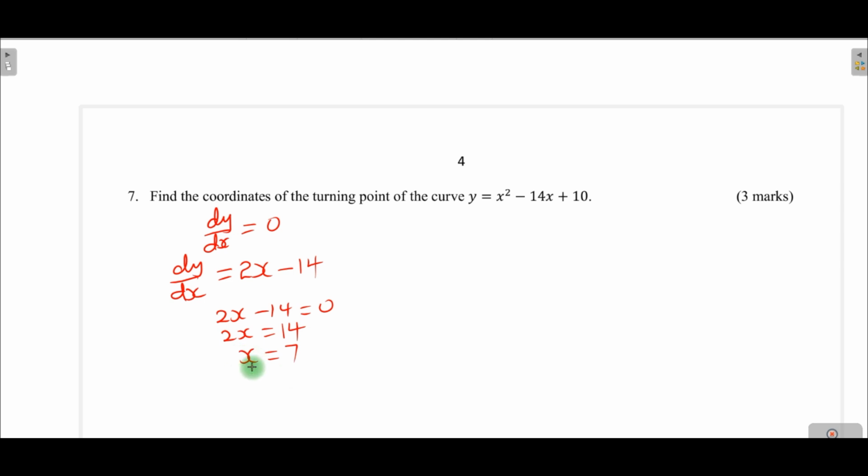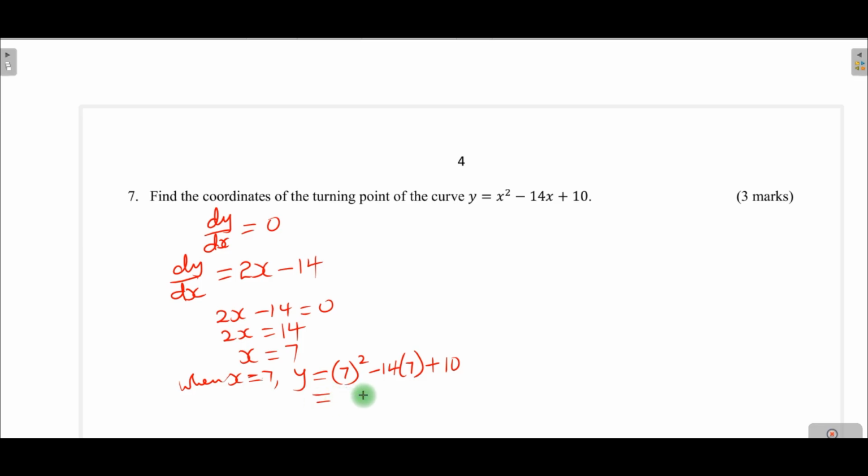So we need to find the coordinate of y when x is 7. Substitute the value of x into this equation. So we have 7 squared minus 14 times 7, then plus 10.